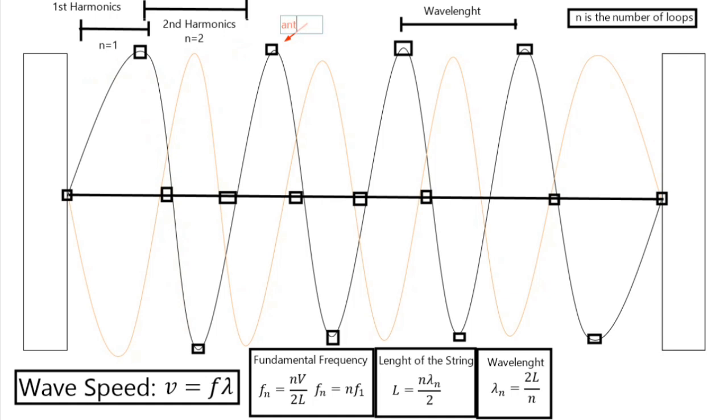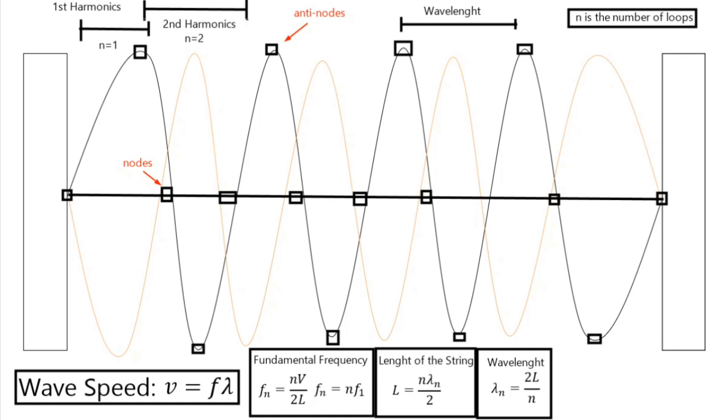Here is still antinodes. So basically, the up, down, up, down, up, down. That's going to be the antinodes. But here is going to be the nodes, where the string is in the equilibrium position. So that's going to be the node. We call it node.